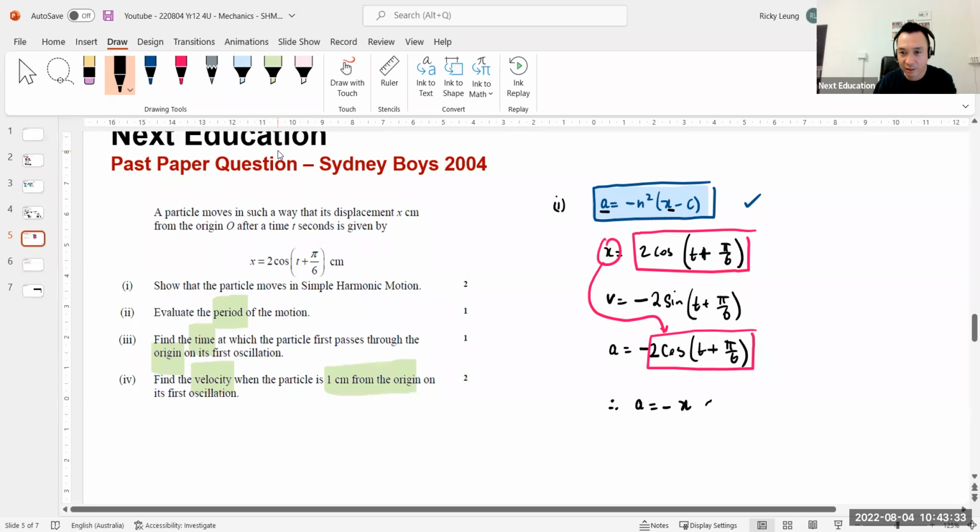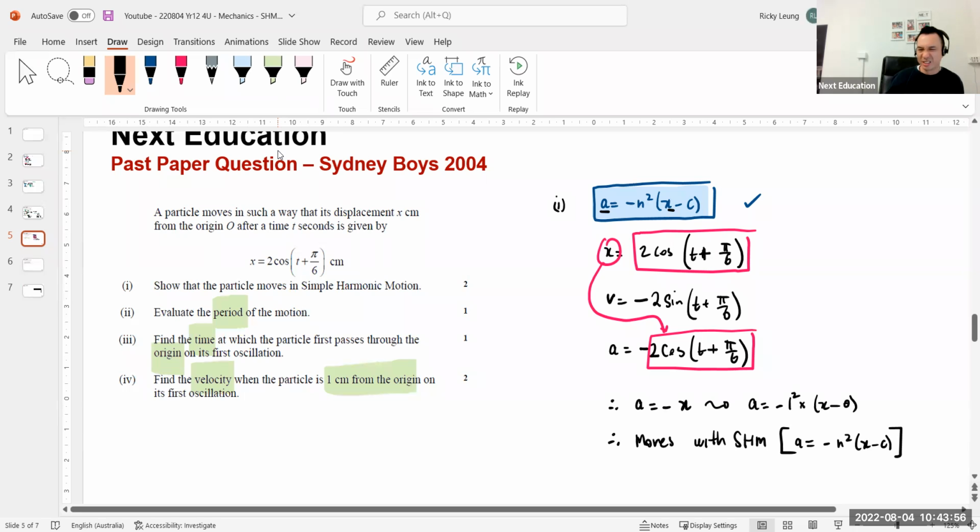So therefore, a equals minus x, which is actually in this form, right? Because that theoretically is a equals minus 1 squared times x minus 0, right? Yeah. So therefore, it moves with SHM, and I say to my teacher that a equals minus n squared x minus c, right? Generically, boom, done. Piece of cake, right?